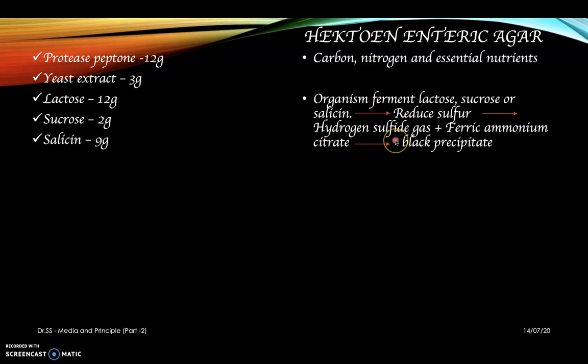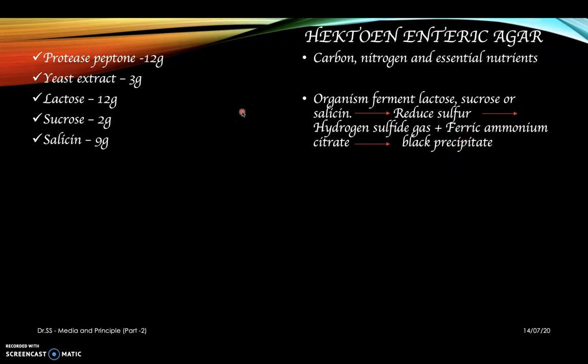This H2S gas combines with ferric ammonium citrate and finally forms the black precipitate. So only organisms able to reduce the sulfur can form the black precipitate in this medium. Salmonella typhimurium has the capacity to reduce the sulfur present in this media and forms the black precipitate.